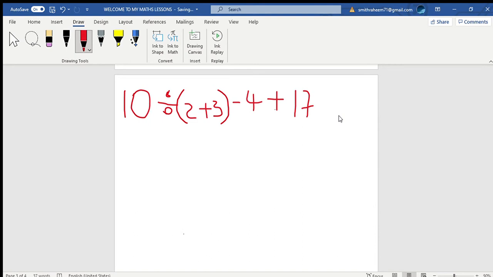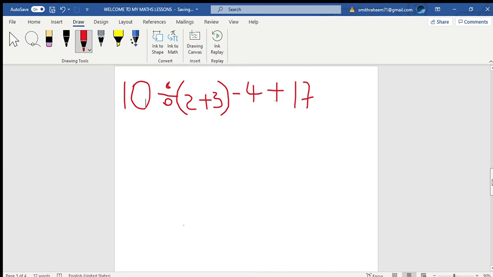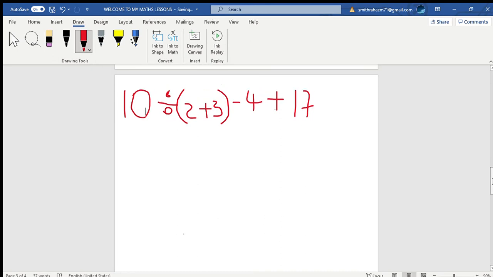Okay, so this is the problem. We're going to follow the rules, starting from left to right, but as you know, we have a bracket here. So we have to work out the bracket first before we can simplify this problem. So let's do the bracket first: 3 plus 2, which is 5.